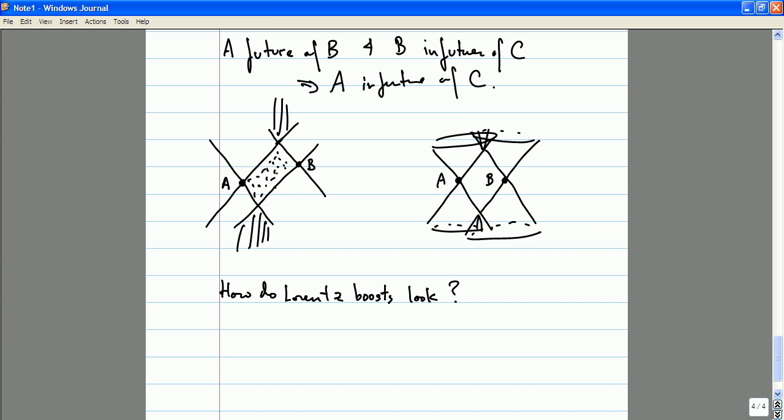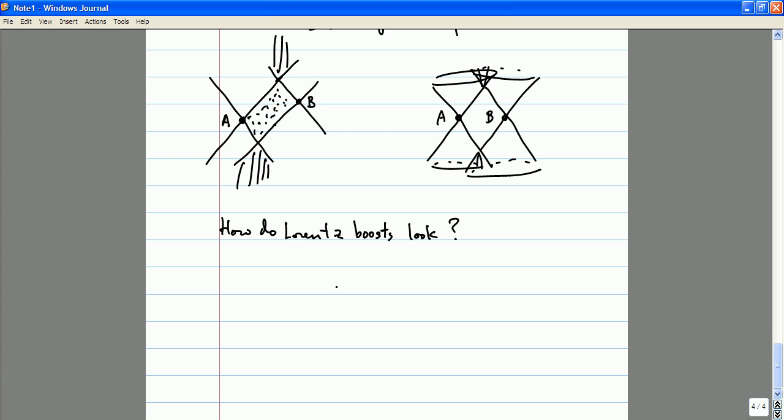So let's try and understand that. Let's imagine that we have an event which takes place at x equals 0 and at time t equals 0. The events which are null separated from the origin lie along these 45-degree lines. And events that are time-like separated from the origin lie in the future light cone or the past light cone.